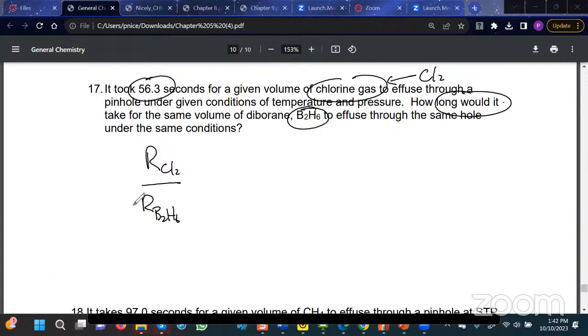Let's start off with this. What would this be equal to? The rate of diffusion of chlorine divided by the rate of diffusion of diborane. What would that be equal to?